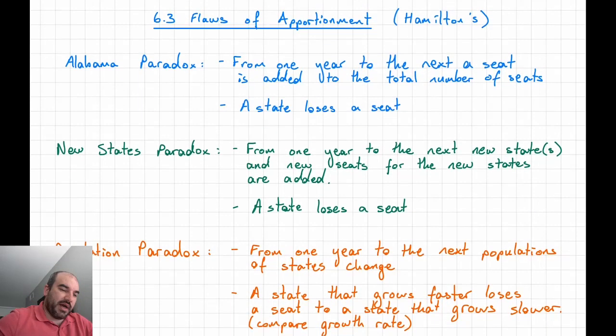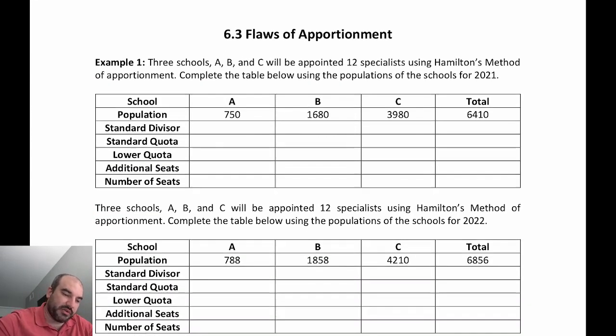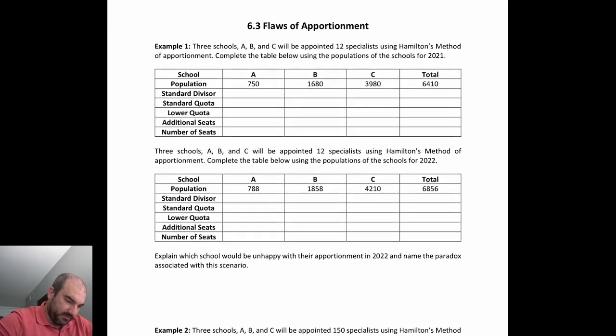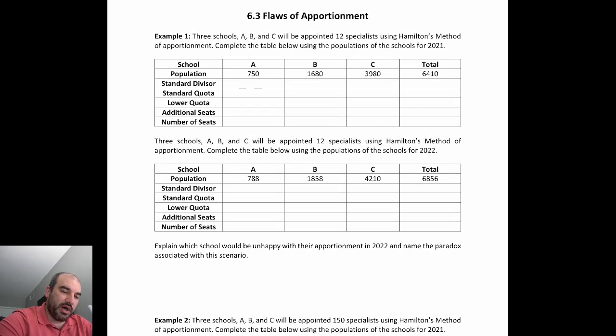So again, key identifying factors we're looking for in these examples. Or I guess I should talk about the examples first. There are 3 examples. Every example is going to show you 2 different years. So you're going to calculate seat distribution from 2021 to 2022 for these 3 schools, and then do the same thing for 2022.